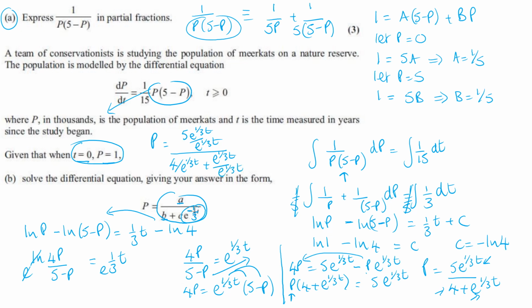So if you're doing the same throughout to each of those terms, then you're keeping the fraction in the same proportion, and what's going to happen is these will cancel, but this e to the 1/3 t in the denominator, when we put that up in the numerator with the 4, it's going to give us a minus. So this is going to be 5 over 4 e to the minus 1/3 t plus 1. So our a is going to equal 5, our b is equal to 1, and c is equal to 4.